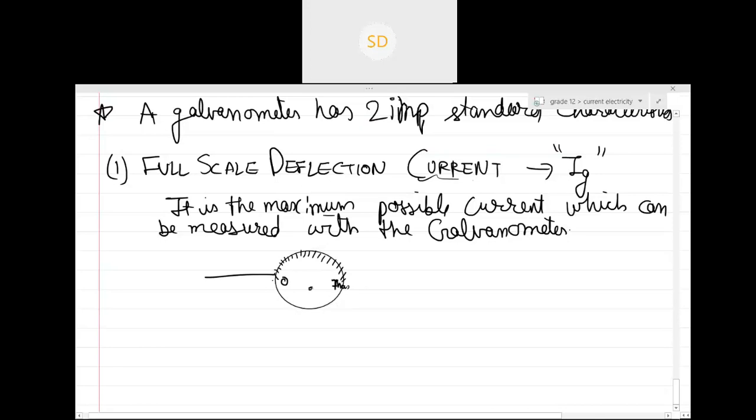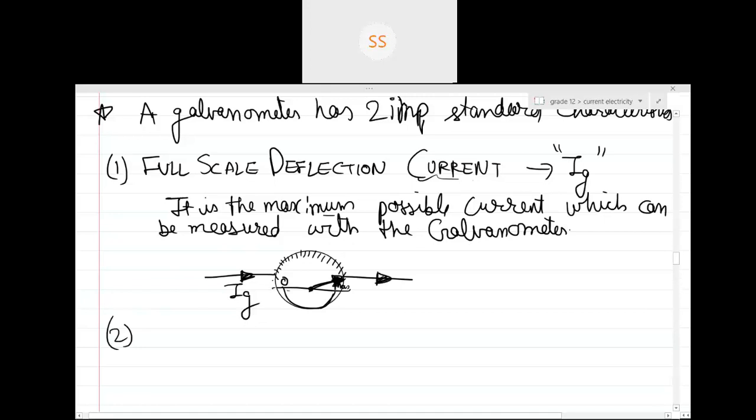So basically the galvanometer needle will point over here when a current IG will pass. Did you understand it now? Yes or no? Guys, is it clear? Shall I give the definition a little bit more? Do you need further explanation on this? It's fine.